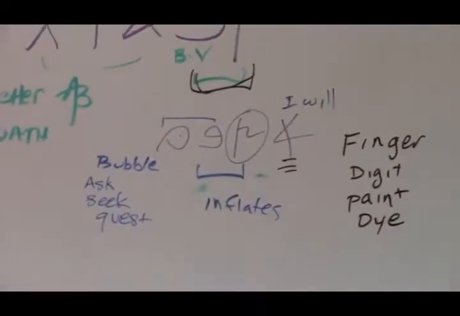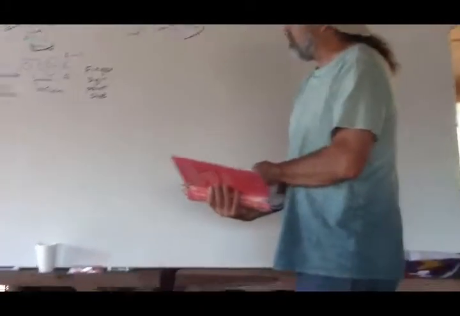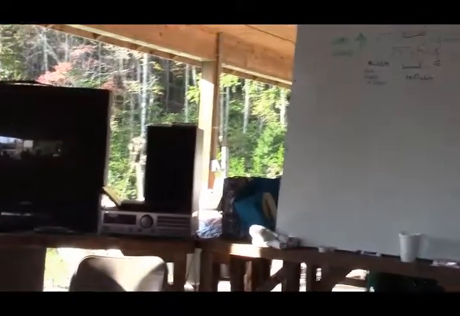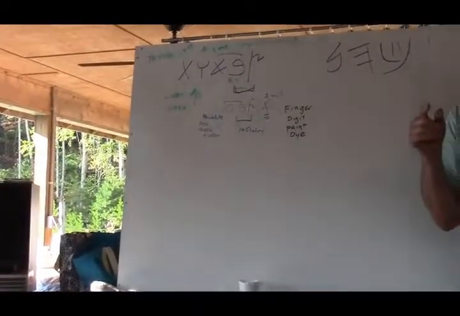If you look up Aleph Zadi, I can't remember what that word means offhand. Let me look it up. I'm going to guess. If Aleph is a prefix meaning I will, and Zadi is some kind of a sprout. In fact, I just remembered what that word means. Think of this.